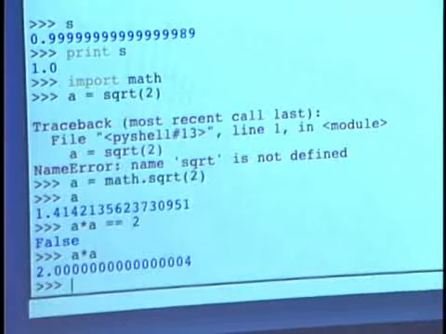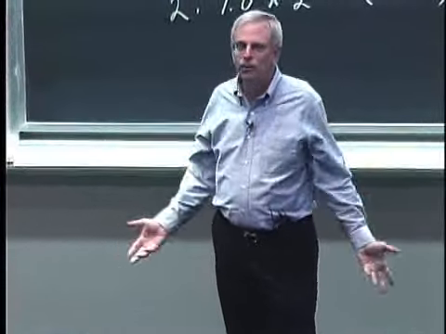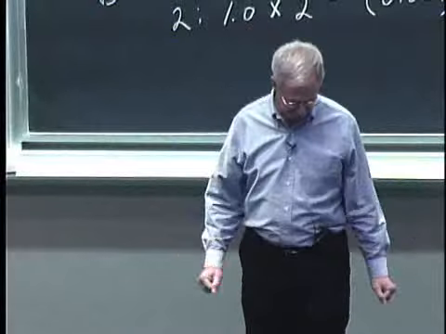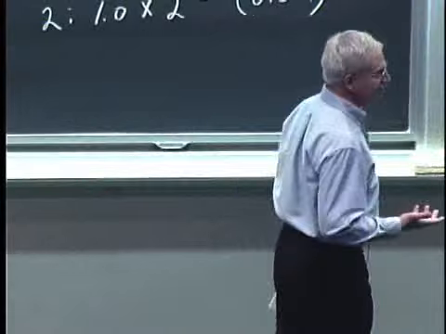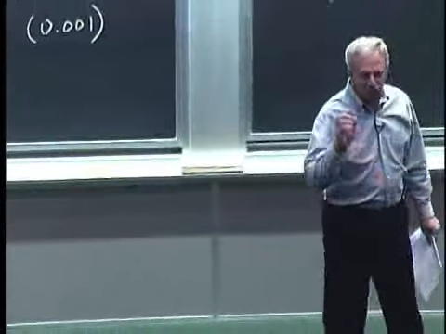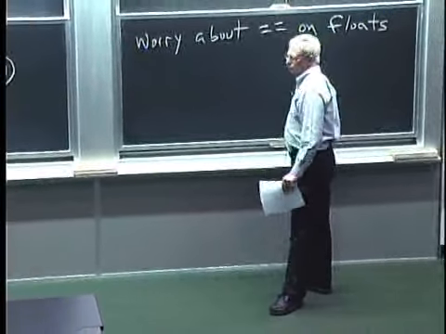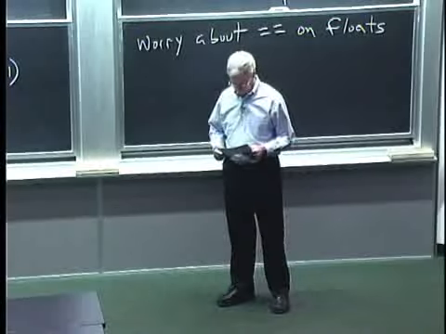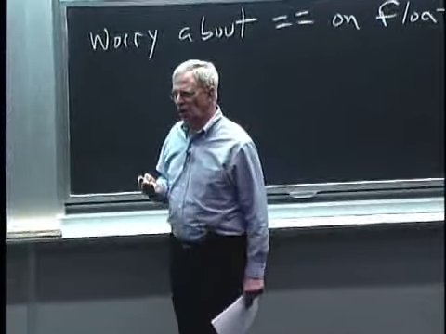So this means if I've got a test in my program, in some sense it will give me the unexpected answer false. What this tells us is that it's very risky to ever use the built-in double equals to compare floating points. And in fact, you should never be testing for equality.